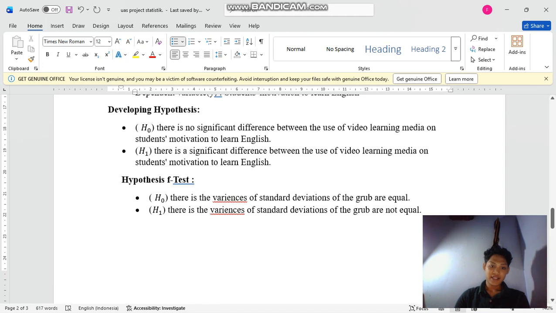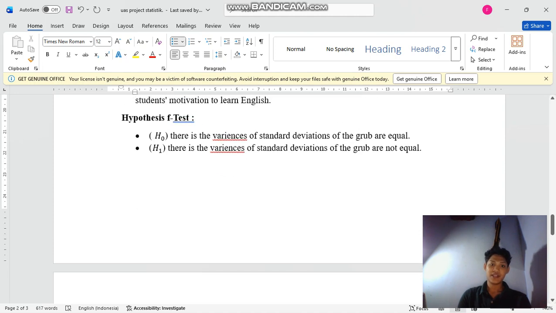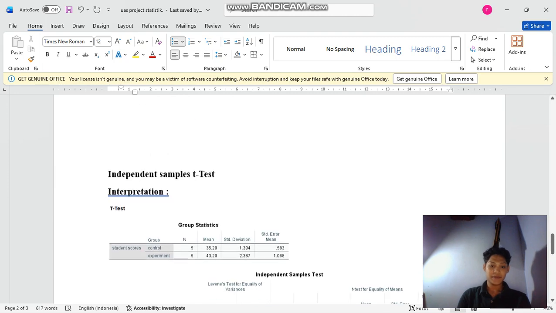For the null hypothesis, the standard deviations of the groups are equal, and for the alternative hypothesis, the standard deviations of the groups are not equal. So this is the first step, to know whether the standard deviations are equal or not equal.